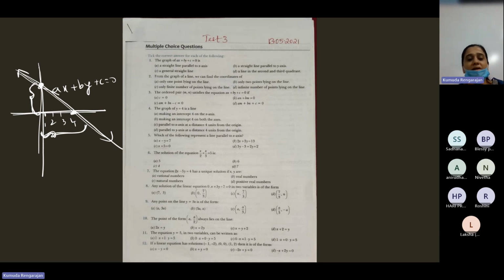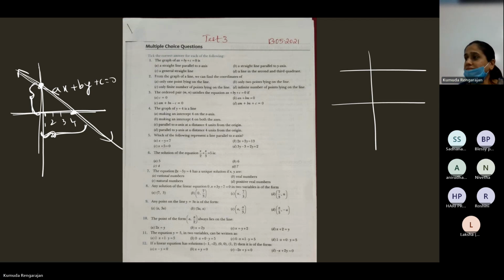So it's given making an intercept 4 on the x-axis. This one is parallel to the x-axis. It will not make an intercept at all. This one, y is equal to 4, is parallel to the x-axis. It will not have an x-intercept at all.